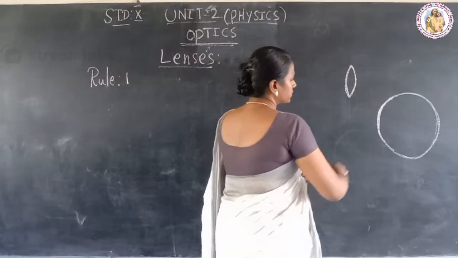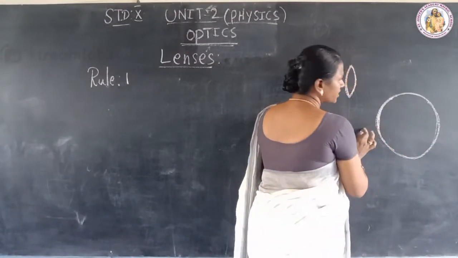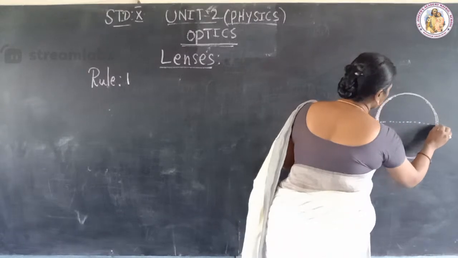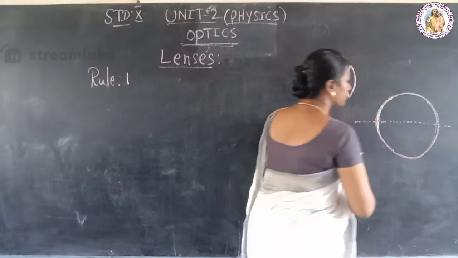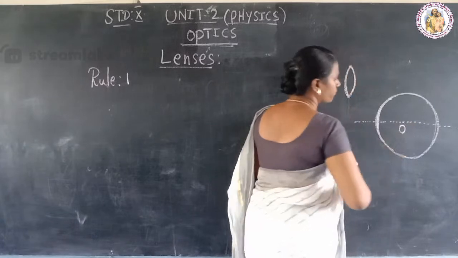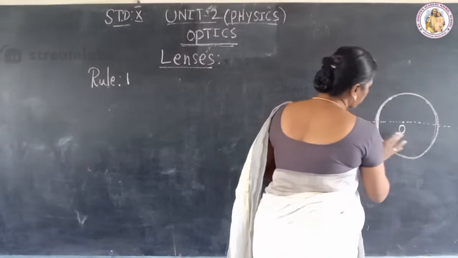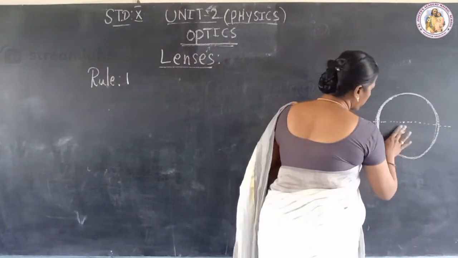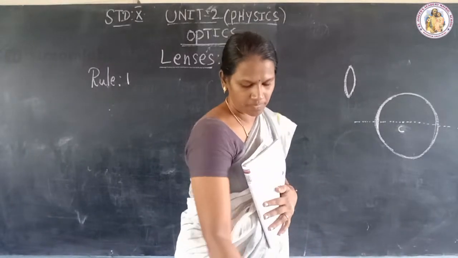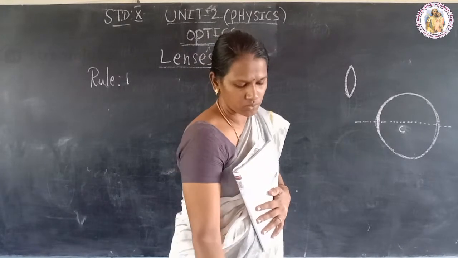In the spherical mirror, the principal axis passes through the mirror. Here O is the center of the spherical mirror, which we can otherwise call the center of curvature, C. That is the center of curvature. Next we have the pole.